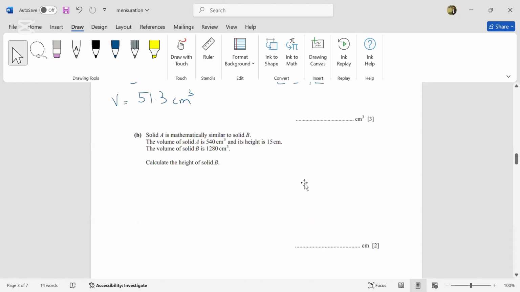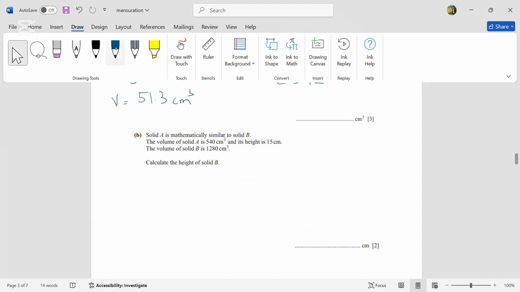Okay, solid A is mathematically similar to solid B. The volume of A is this and the height is this, and then volume is given. Over here we have a formula. It is basically a question of similarity, but as a part of mensuration question, we are going to attempt it.